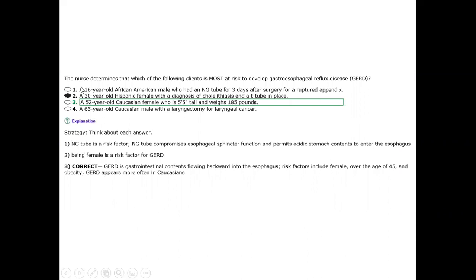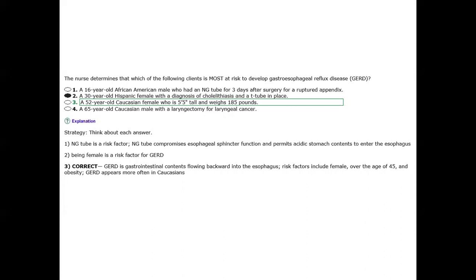Next question. A nurse determines which of the following clients is most at risk to develop gastroesophageal reflux. So out of these, which patient is most at risk?